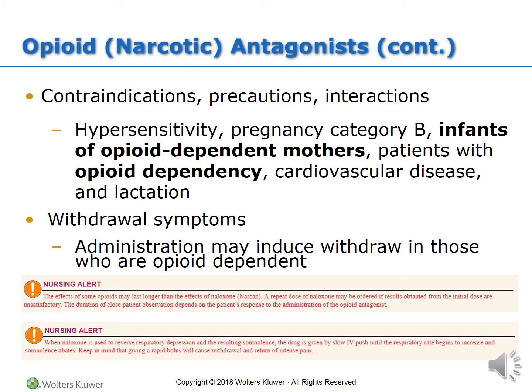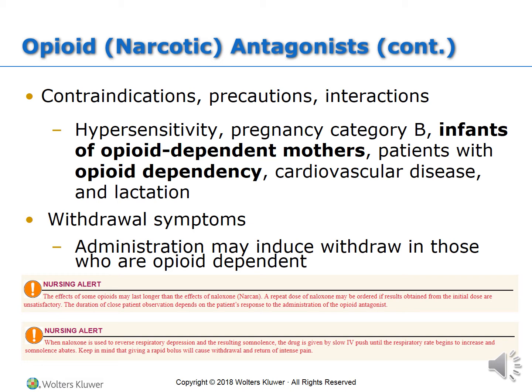You also have to be very cautious in cardiovascular disease and with anyone that's lactating, just because of the medication potentially entering the milk glands. Withdrawal symptoms can occur, like I said, if the person is opioid dependent and we remove that opiate from all of the receptor sites.